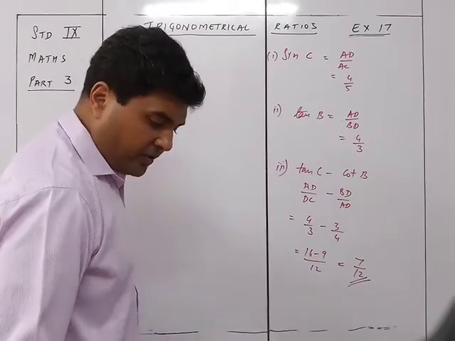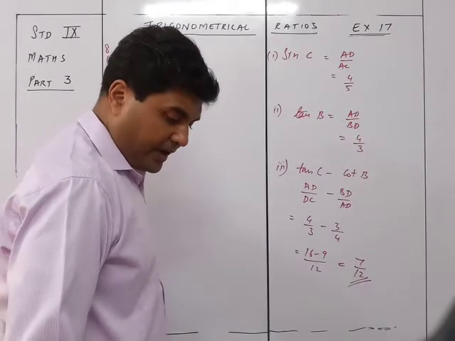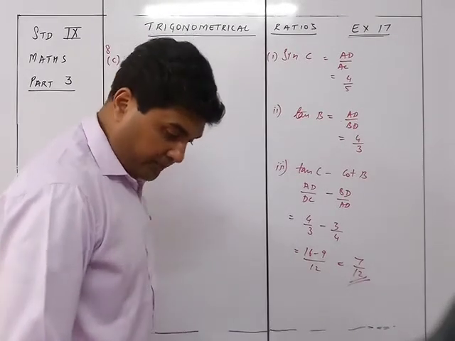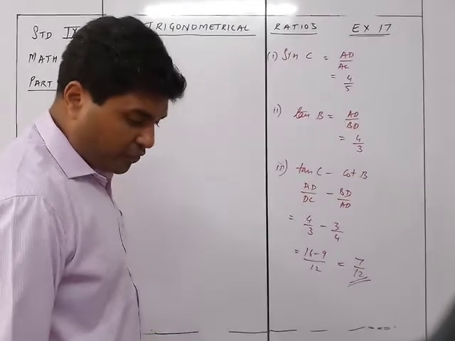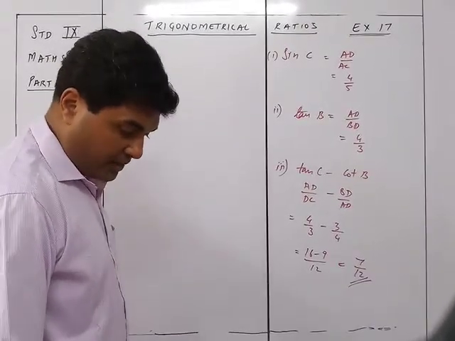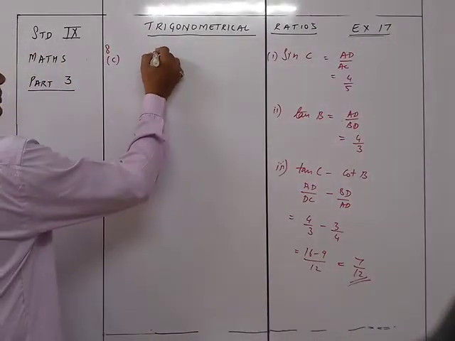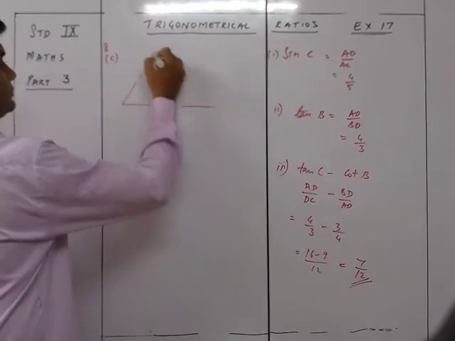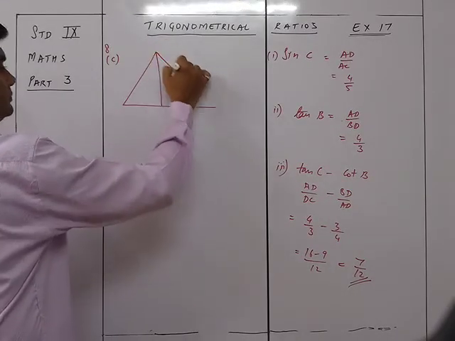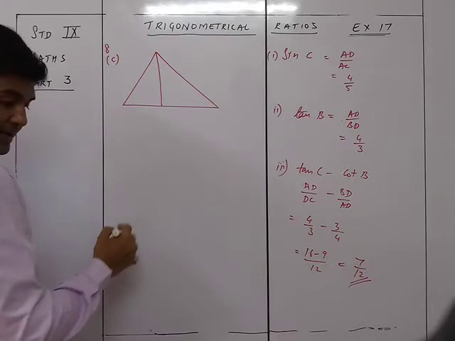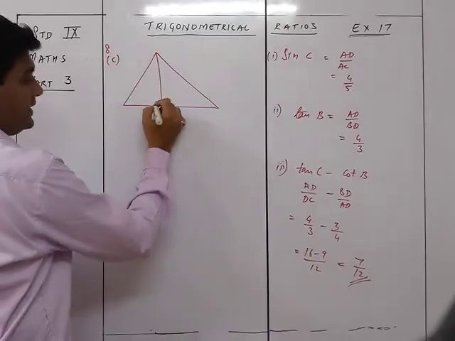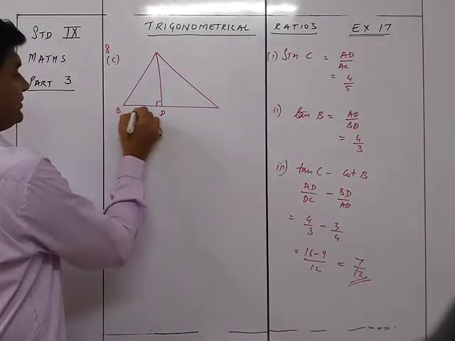In the figure given below, AD is the perpendicular to BC and BD is equal to 15. Sin B is equal to 4 upon 5 and tan C is equal to 1. Fine. So this is the required triangle. This is D. This is 90 degrees. This is B. This is 15.